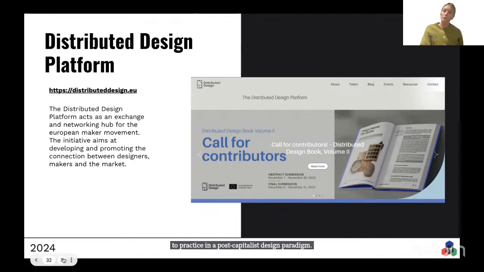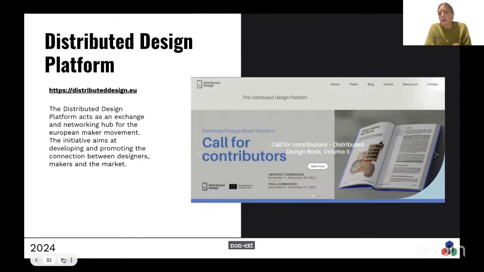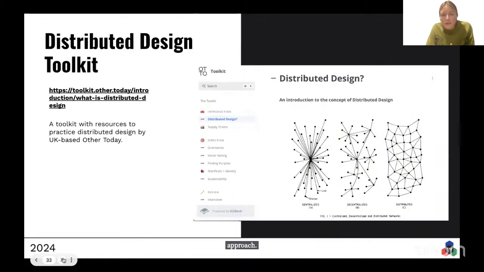So I think with that in mind, the distributed design platform is a really interesting place to go to see the latest updates and the latest way of working, and some really great examples of design which is embracing this non-extractive, post-capitalist, really locally embedded design approach.